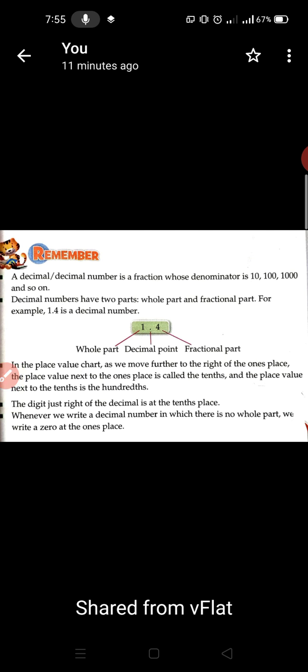Last point. Whenever we write a decimal number in which there is no whole part, we write a 0 at the ones place. For example, if you don't have a whole part for the decimal number, then don't write simply .1, .10, .555. Don't write like this.